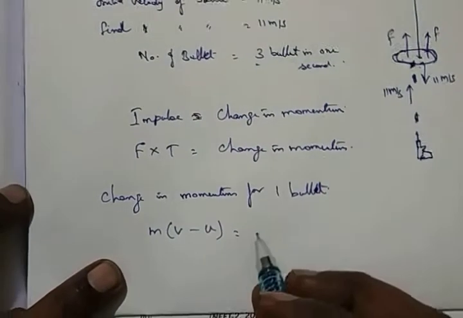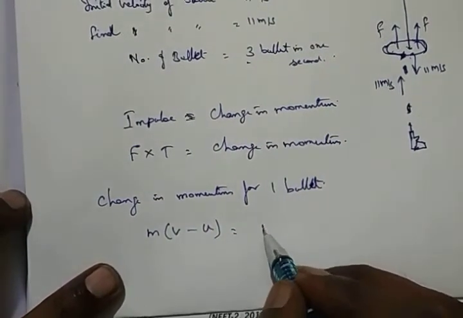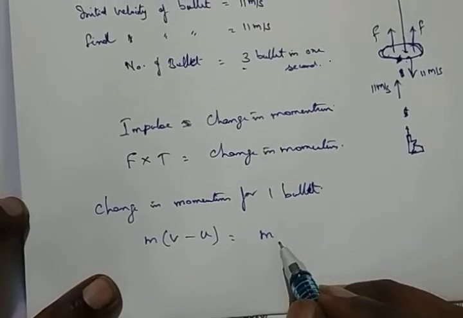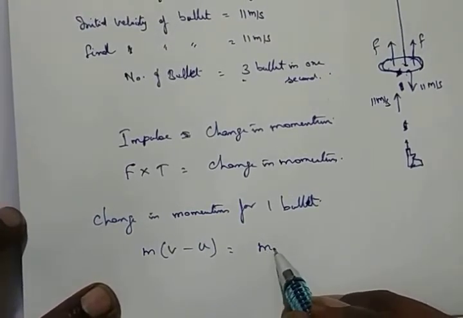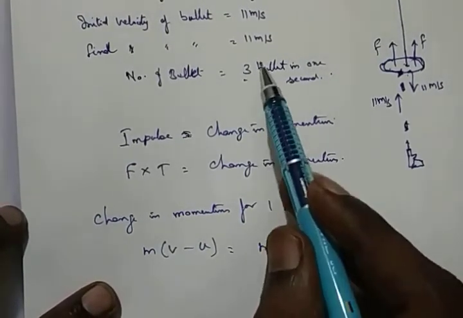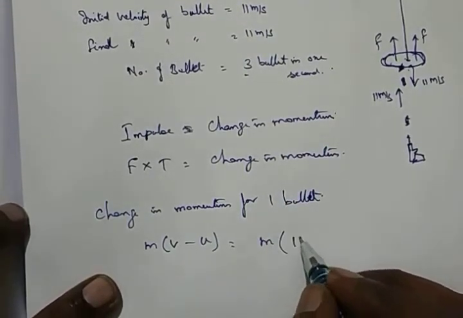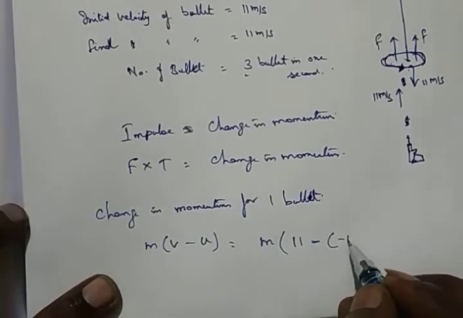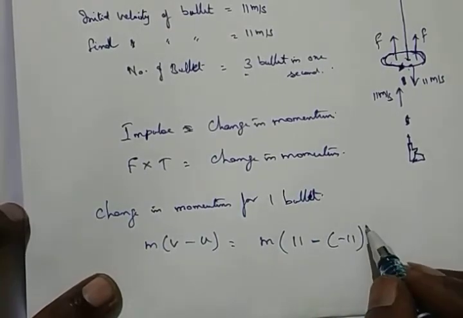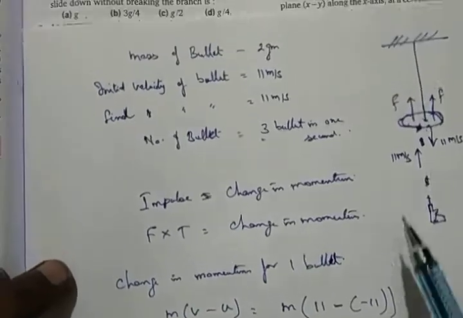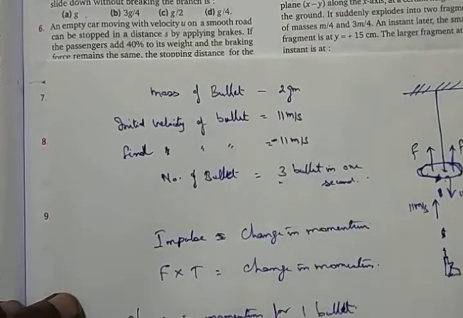Look at this scenario. Now mass into, what is the mass? 2 grams, and then final velocity minus initial velocity. So it is going to be 11 minus of minus 11. Why is it minus 11? Because it is coming back.